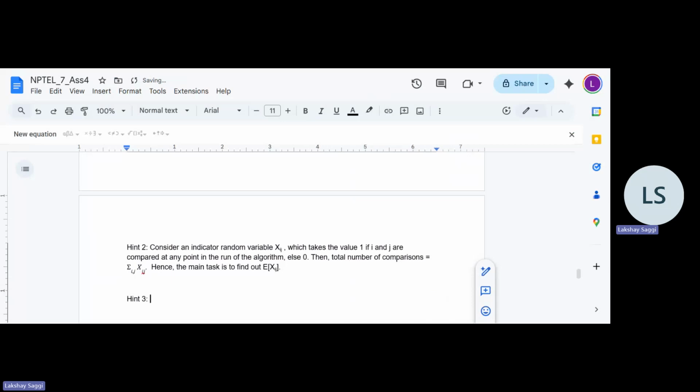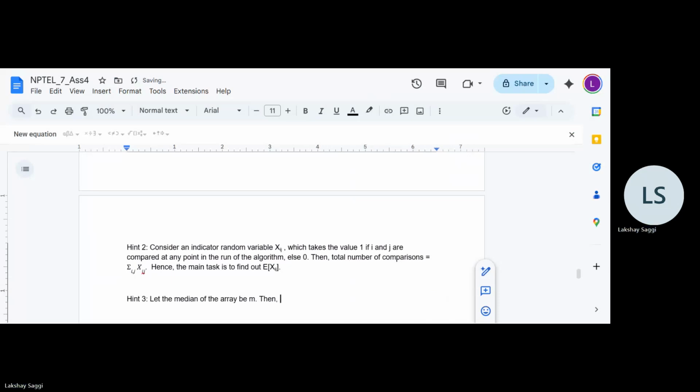And maybe another hint: to find the expectation of Xij, let the median of the array be m.